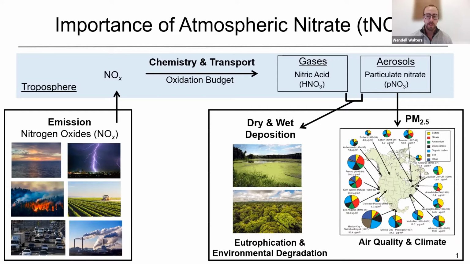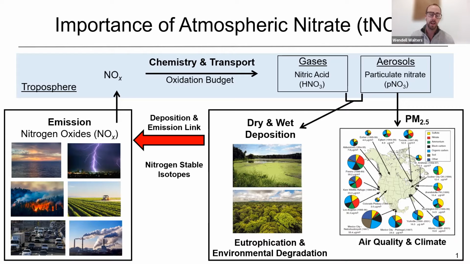For example, recent work has highlighted that NOx emission reductions in the United States have begun to unexpectedly slow down. Thus having technologies that can be used for nitrate source apportionment would be really beneficial, that could provide a direct link between deposition and emission sources. And nitrogen stable isotopes had been previously suggested to potentially enable source apportionment, which will be the subject of my talk today.